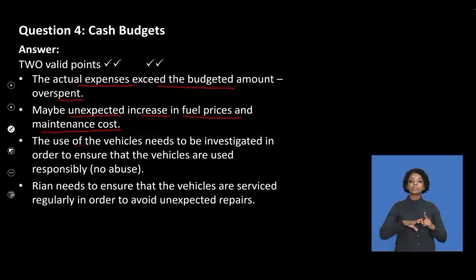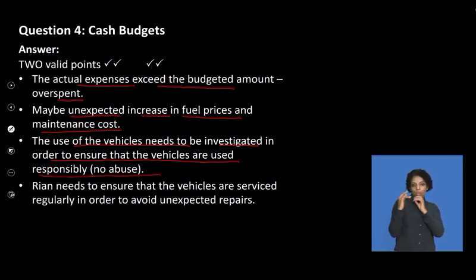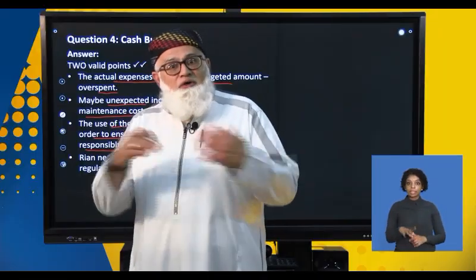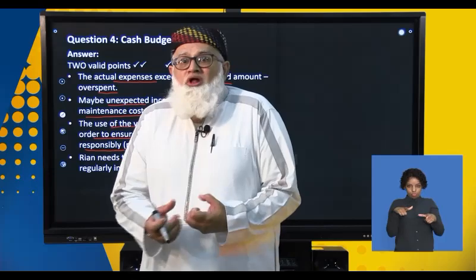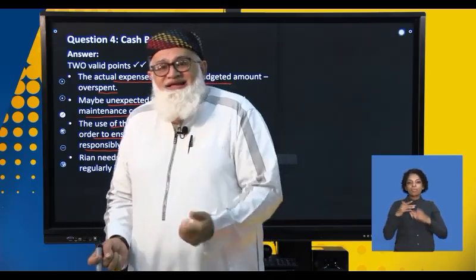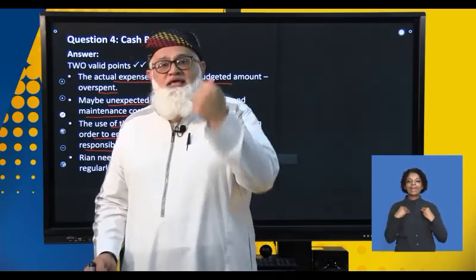Two, the use of vehicles needs to be investigated in order to ensure that vehicles are used responsibly and no abuse is taking place. Very important, people, because remember, accounting is part of internal control. We need to control to ensure that we safeguard the assets of a business.